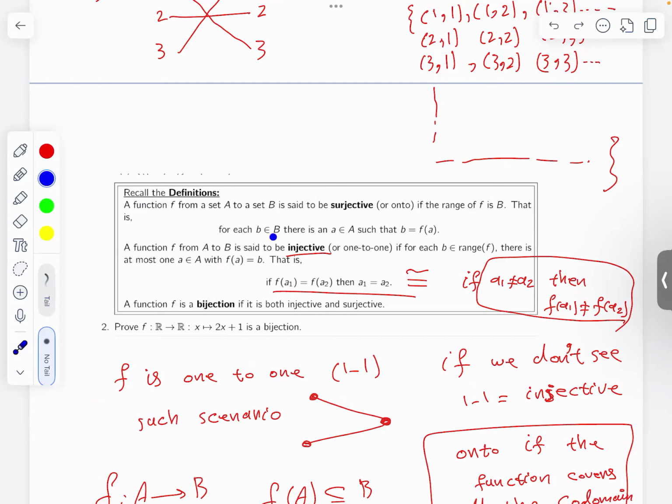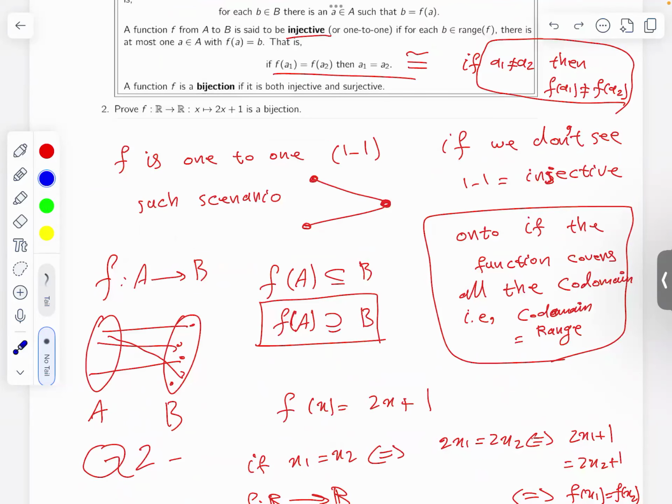For any arbitrary b belonging to B, you will say that b goes to f of A. For all b belonging to B, you will prove that b belongs to f of A.